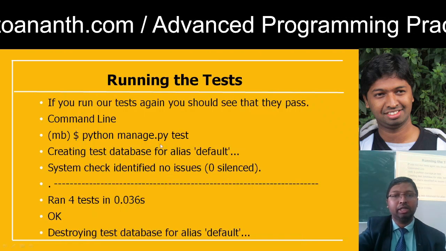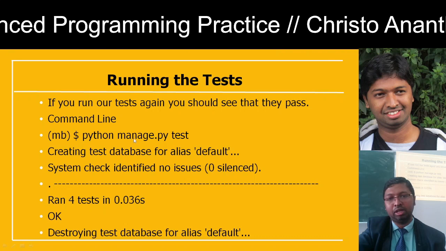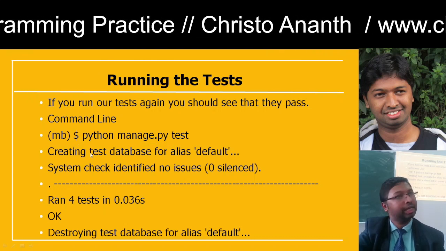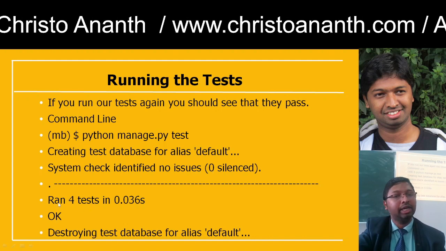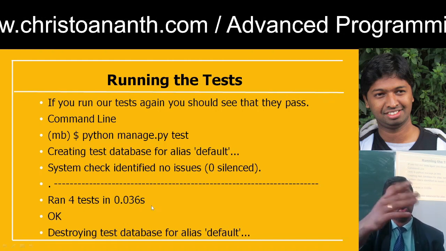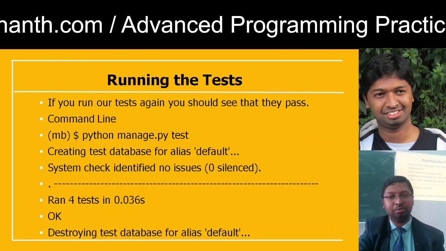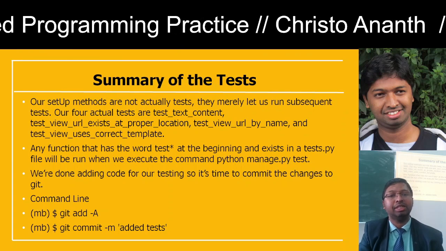Okay, and then you will run the test. So within python manage.py test, it will show creating a test database, system check identified no issues found, ran 4 tests in 0.0366 seconds. Okay, destroying the test database, the tests passed, it will show like this. So this is the summary of the tests.